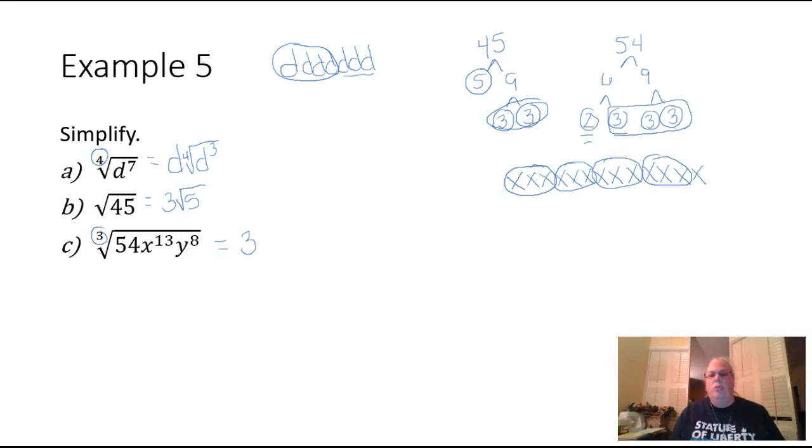So I have 1, 2, 3, 4 groups of 3. So I can bring an x out into the front of the radical there, and I'm going to put a 4 exponent on it because I had 4 groups of 3. This x is going to have to stay underneath the radical though, because I don't have 2 more x's to go with it.